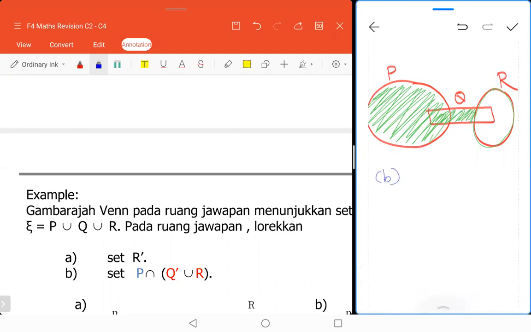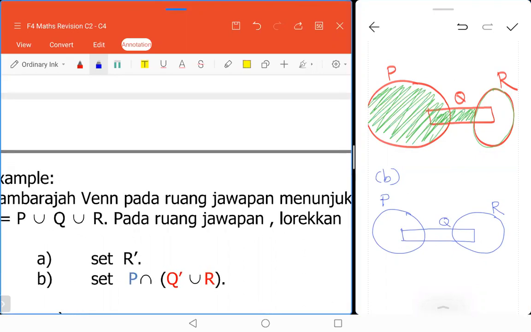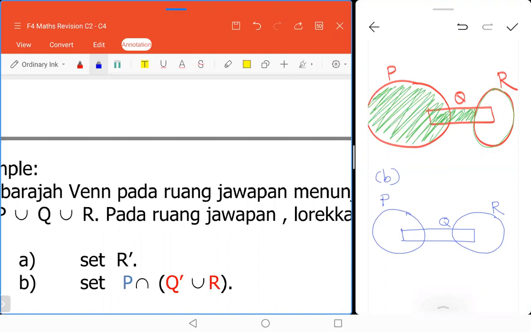Move on to B. Okay, we draw first. We draw together. P, R then connected with a rectangle. Q in the middle. So what should we do first? The bracket first. Right, the bracket first, yeah?